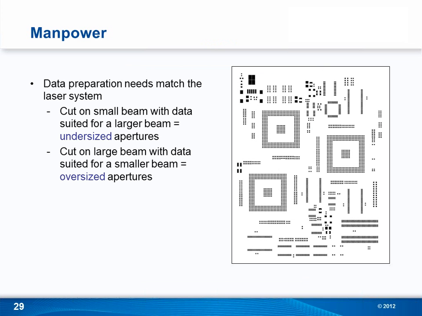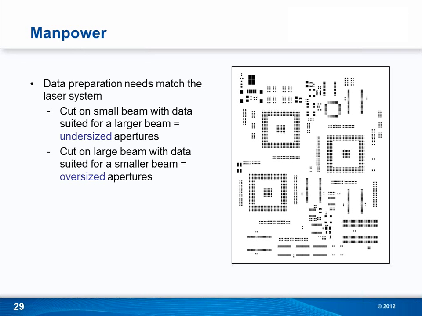I mentioned the laser system is like a milling machine. So when you have a machine with a specified beam size of, let's say, 40 micron, if you calculate your cutting path with an expectation of the beam being smaller, then all the apertures will be smaller.